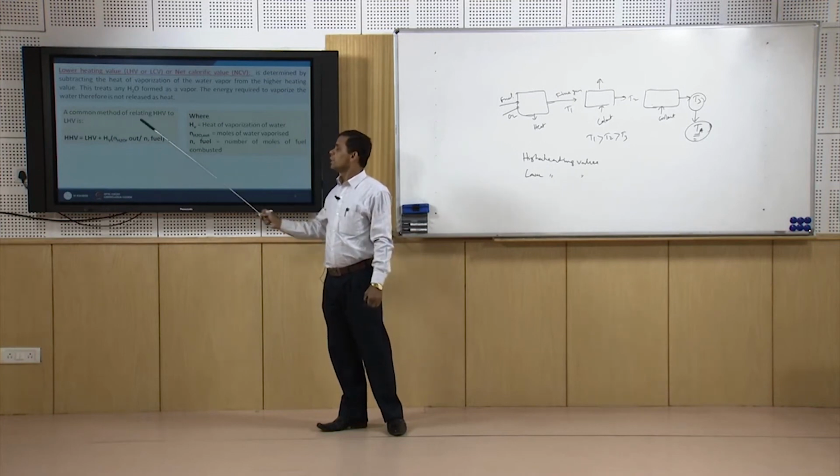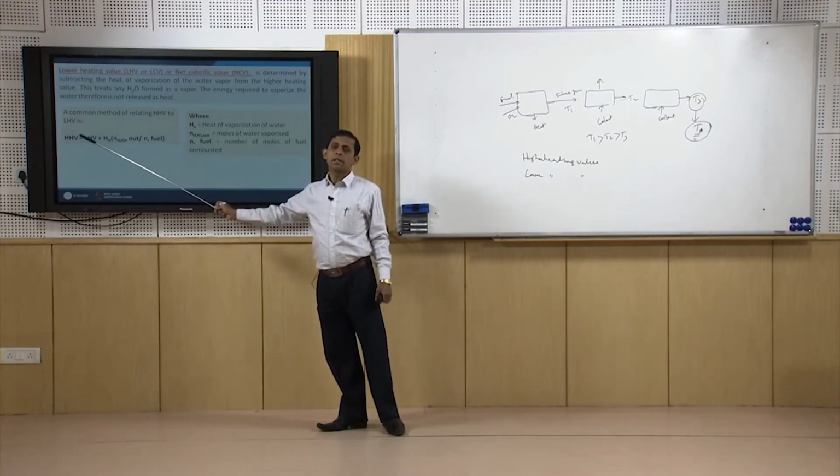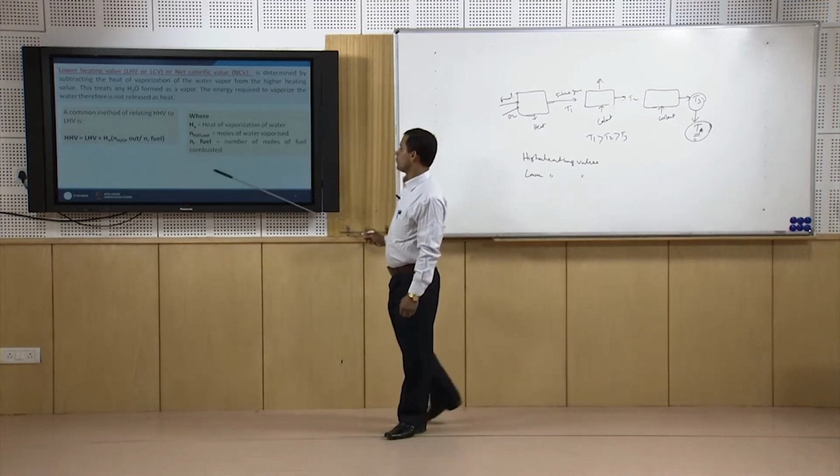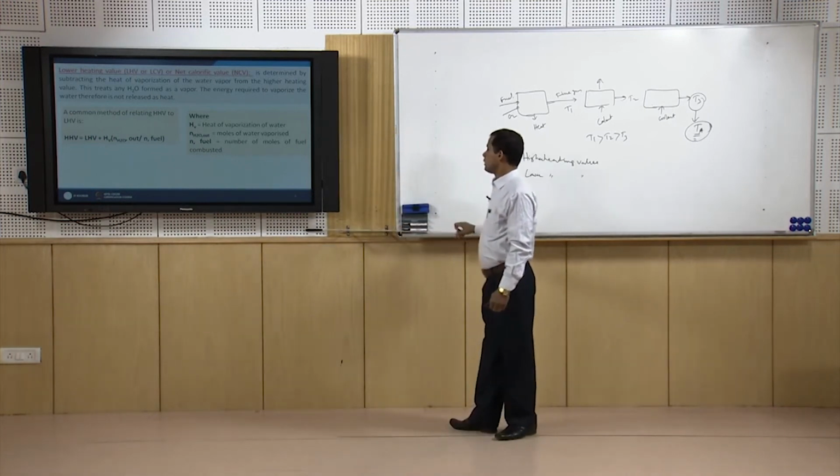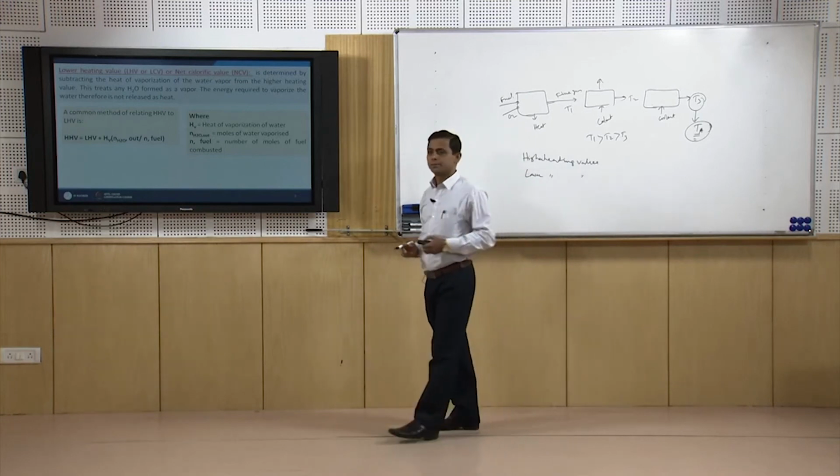If we add this amount of heat with the LHV, that will be the HHV or high heating value. So this is the relationship between high heating value and low heating value.